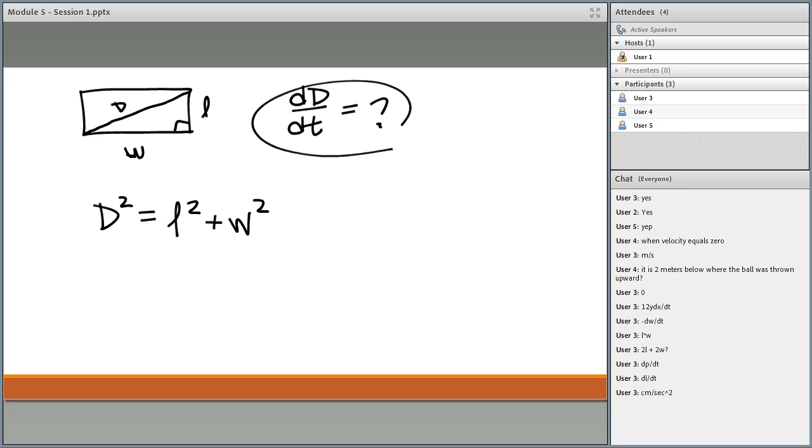I can take the derivative with respect to t of each term, and it makes it actually much easier to take the derivative. So the Pythagorean theorem got me that the square of each leg added together equals the square of the hypotenuse, or the diagonal.